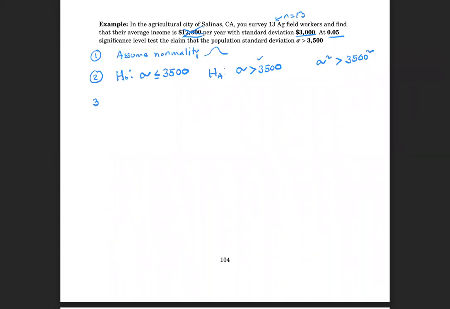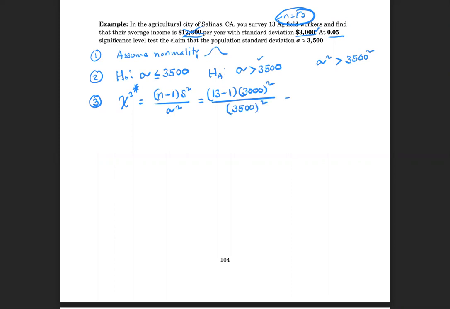And then you do the test statistic calculation, chi-square star, which is n minus 1 times s square divided by sigma square. n is 13, so 13 minus 1, which is 12, of course. s is 3,000, so 3,000 square divided by sigma square, which is 3,500 square.